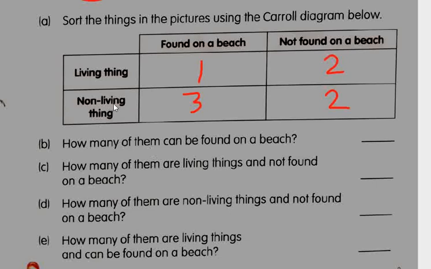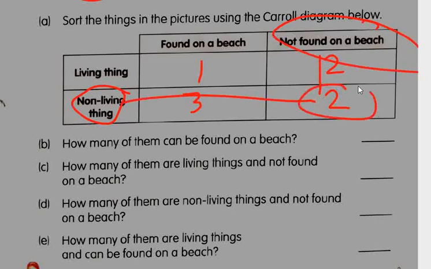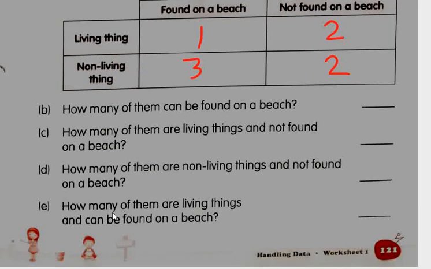Non-living things and not found. Alright, so it will refer here. Okay, and question E, how many of them are living things and can be found on a beach. Living things but can be found on a beach, so it will refer here. Okay, so just put the number in the space provided.